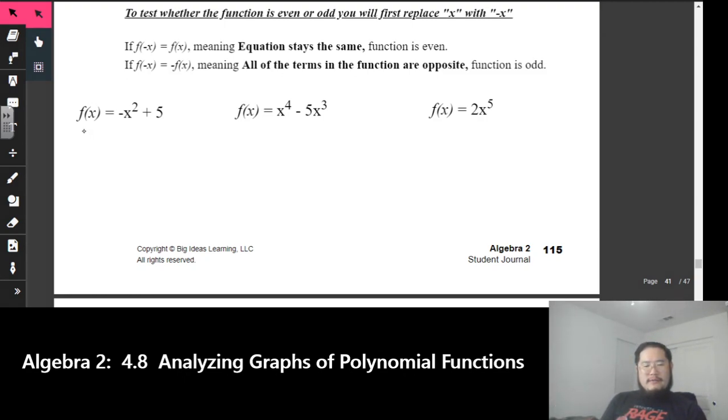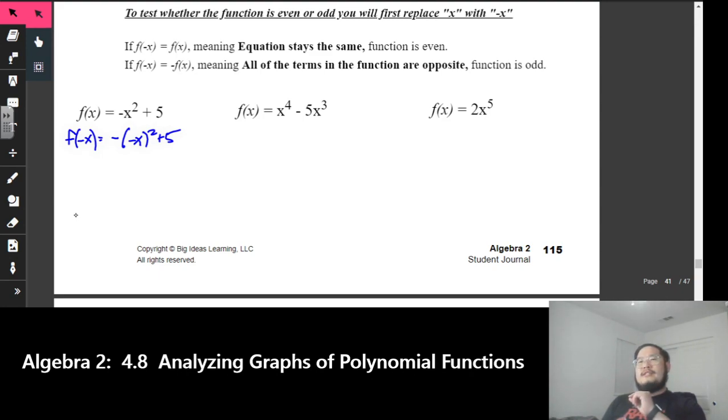So what they're saying first, we have f of x is equal to negative x squared plus 5. I'm going to go ahead and substitute everything, all my domain, which is all values of x, with negative x right here. So I've got negative, and I'll put negative x right here to the second power plus 5.